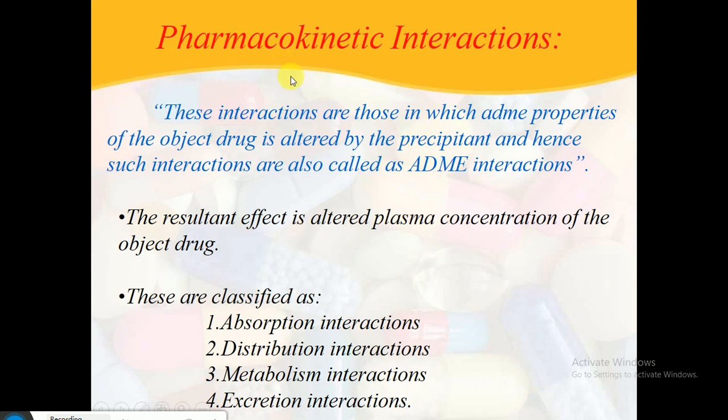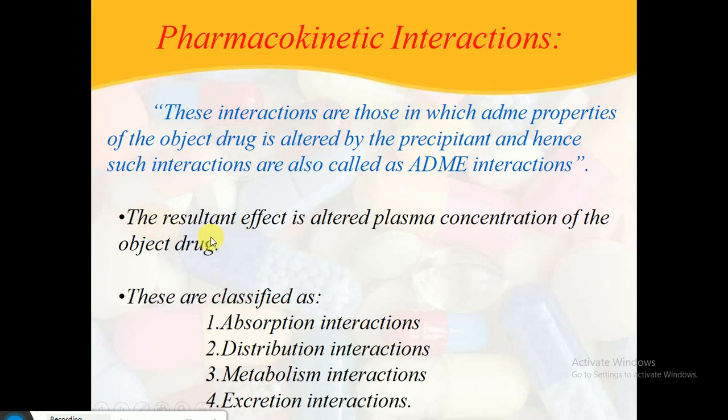So pharmacokinetic interactions can be defined as those interactions in which the pharmacokinetic properties of the object drug are changed or altered by the precipitant, and hence such interactions are also called pharmacokinetic interactions: absorption, distribution, metabolism, and elimination.